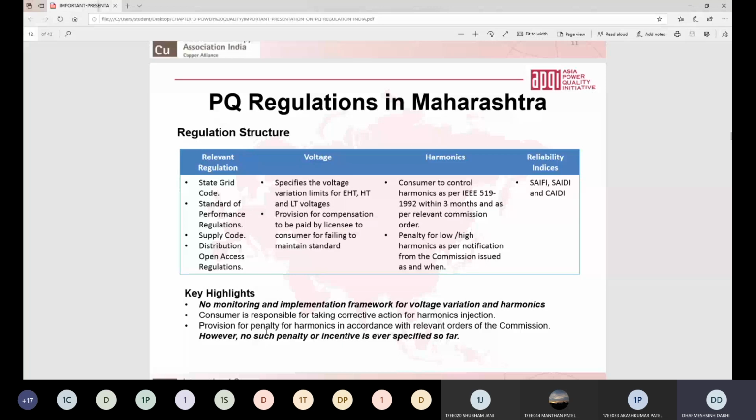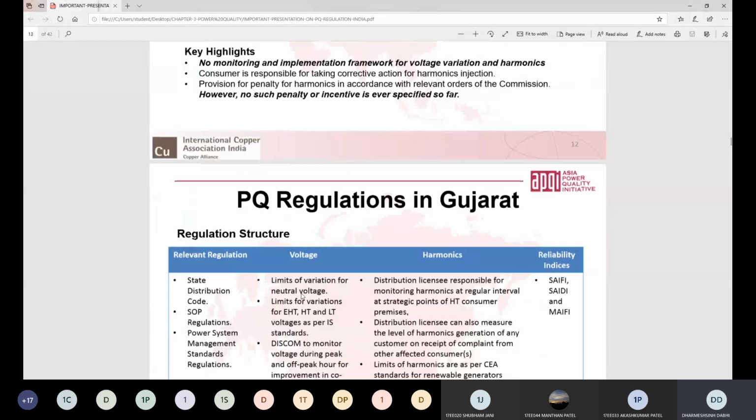The main problem is that monitoring of all these power quality problems and implementation is a major problem in all the states. Sometimes the consumer is also responsible for taking corrective action for harmonic injection, and the provision for penalty for harmonics we have already discussed. But this type of provision is not followed as per the standards.